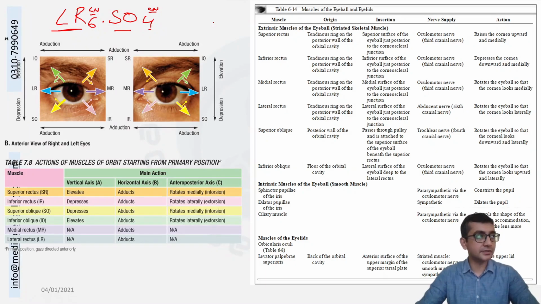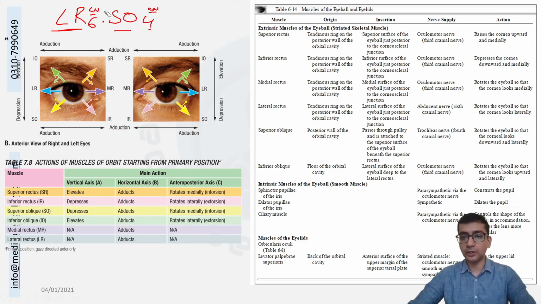And both of these nerves are named for these muscles. Lateral rectus abducts the eye and cranial nerve number 6 is named the abducens. And superior oblique passes through the trochlea before changing direction, and in honor of that, the nerve is named the trochlear nerve.